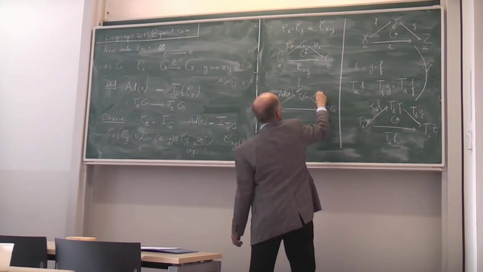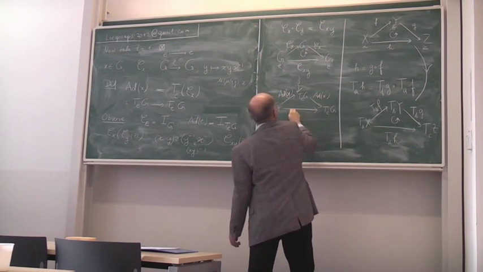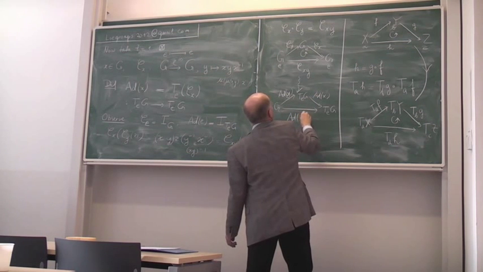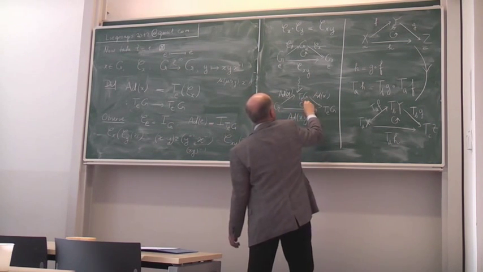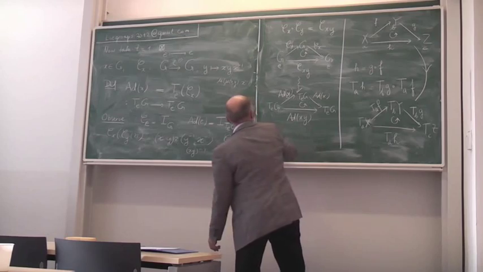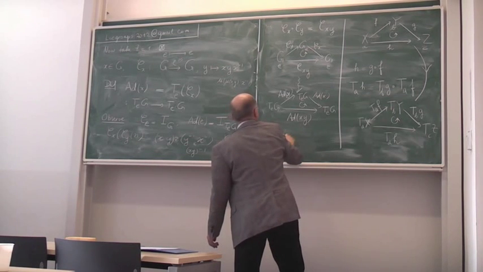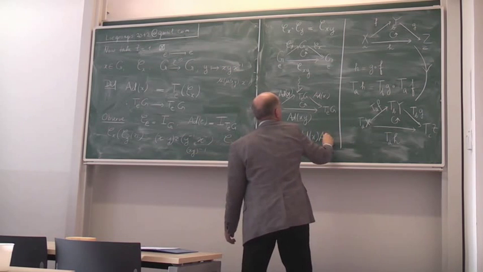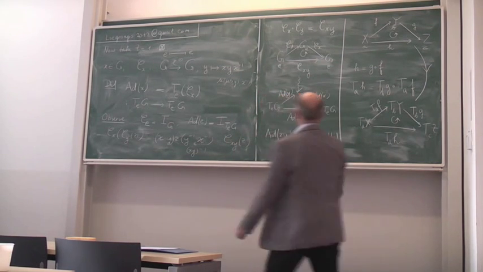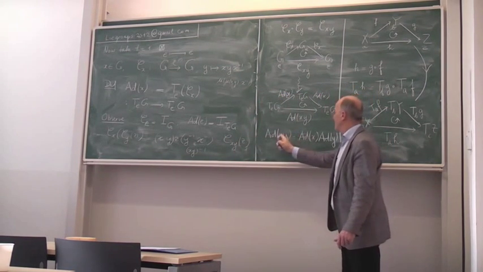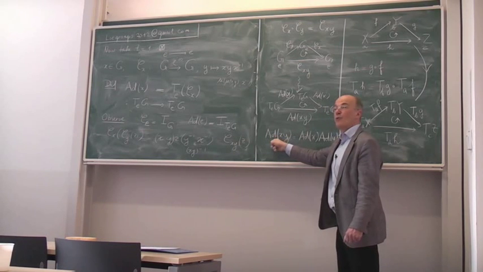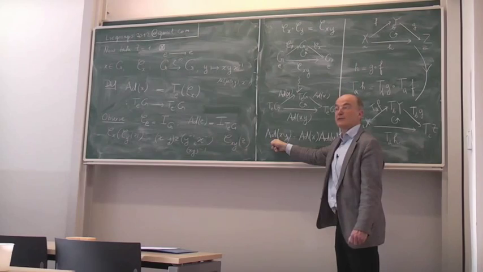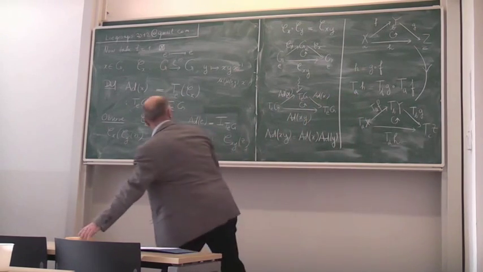So this is Ad of x, and this is Ad of xy, and saying that this diagram is commutative may also be rephrased as: Ad of xy is the composition of Ad x and Ad y. In other words, Ad satisfies the group homomorphism property, which is of course a very natural thing.